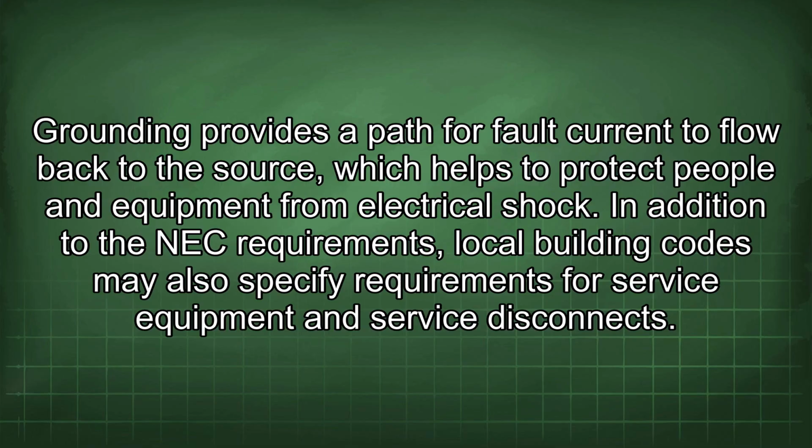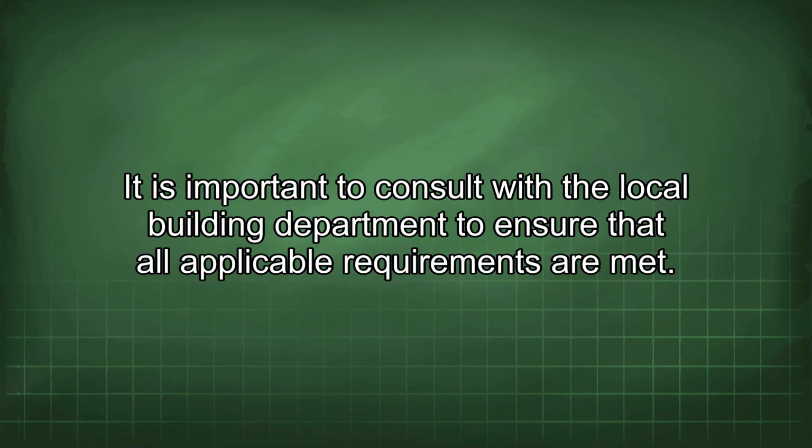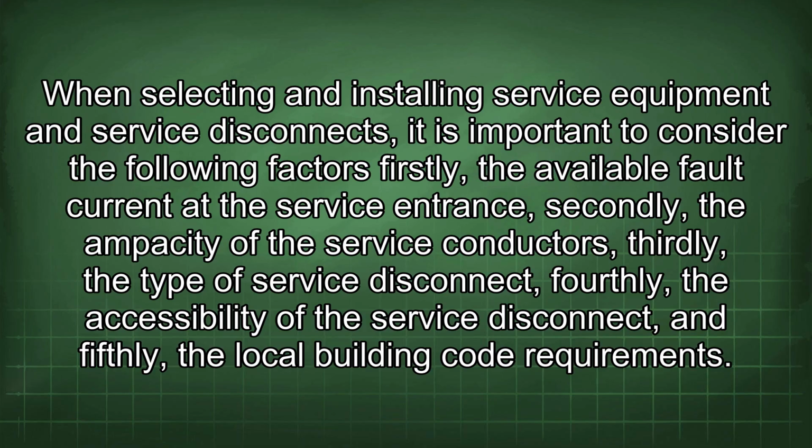In addition to the NEC requirements, local building codes may also specify requirements for service equipment and service disconnects. It is important to consult with the local building department to ensure that all applicable requirements are met. When selecting and installing service equipment and service disconnects, it is important to consider the following factors.